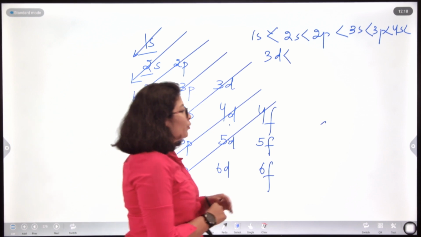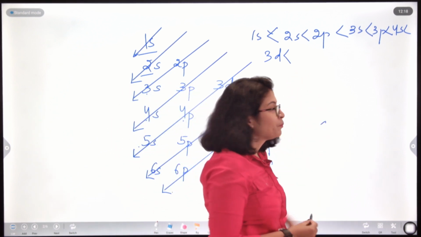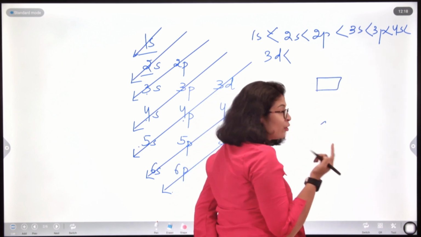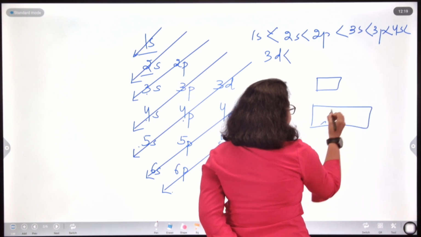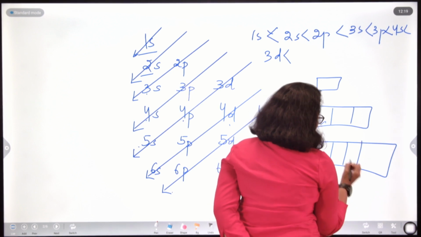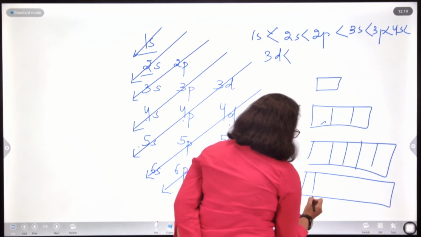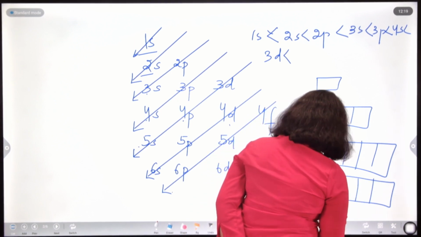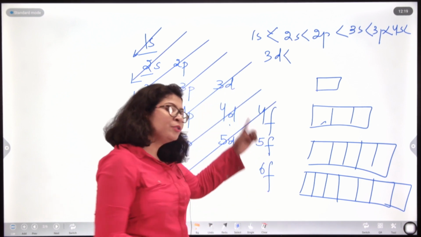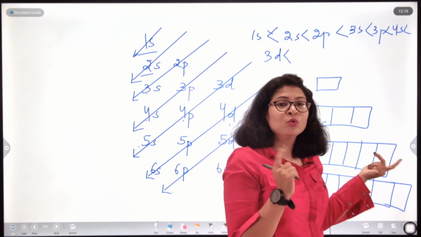Now, what is the maximum capacity of these orbitals? The s subshell has only a single orbital, p has 3 orbitals, d has 5 orbitals, and f has 7 orbitals, and each orbital has a capacity of filling a maximum of 2 electrons.